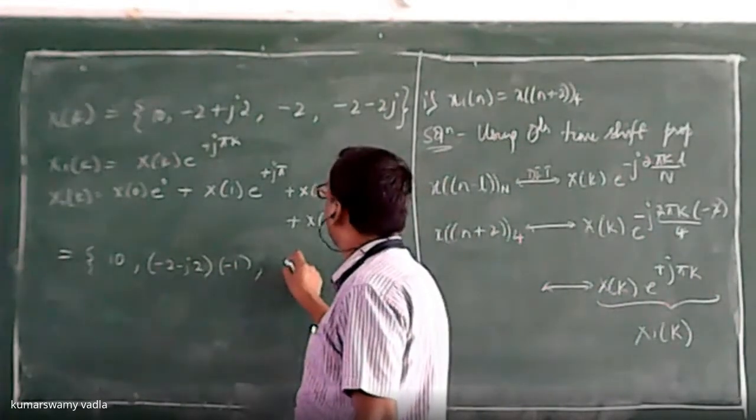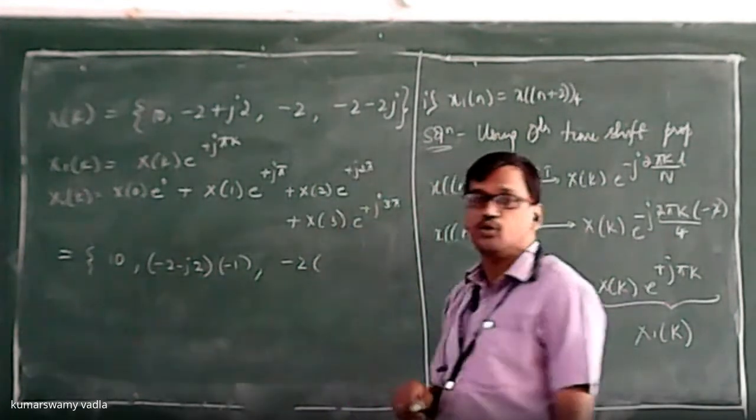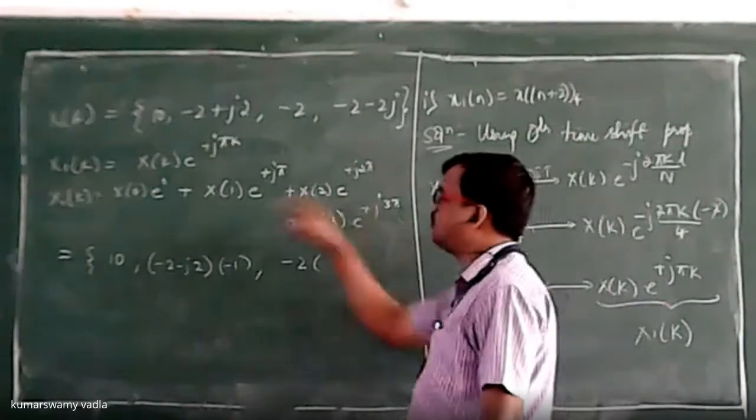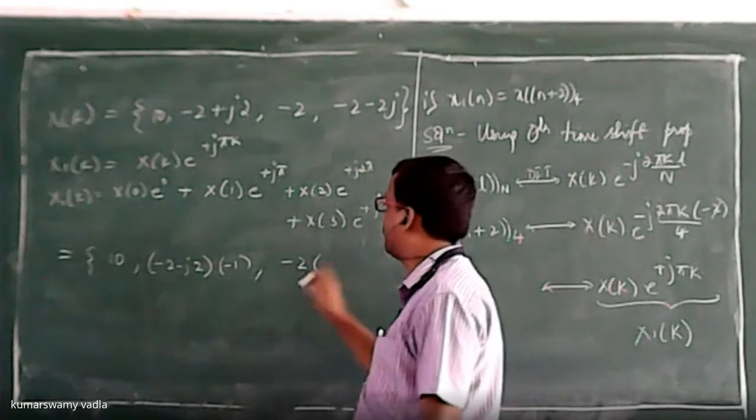Then X of 2 is minus 2 into e power j 2 pi, which is 1. It goes on like this: plus 1, minus 1, plus 1, minus 1 and so on.